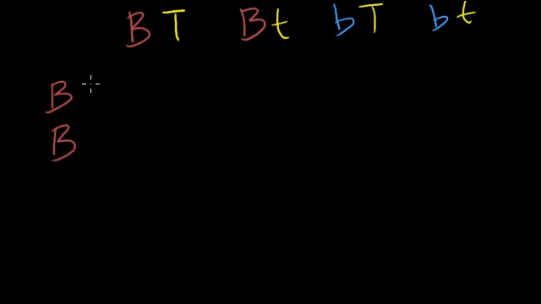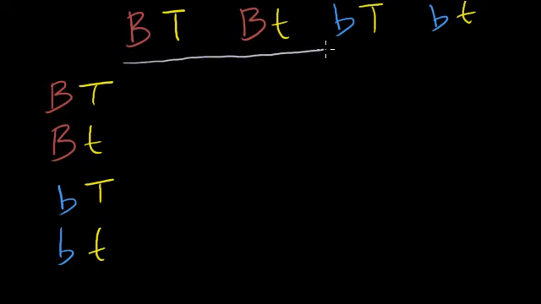So the dad could contribute the big teeth or the little teeth along with the brown eye gene, or he could contribute the blue-eyed allele in combination with the big teeth or the little teeth. So these are all the different combinations that can occur for their offspring.